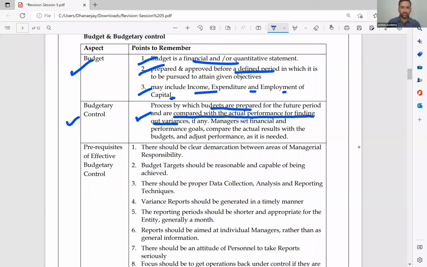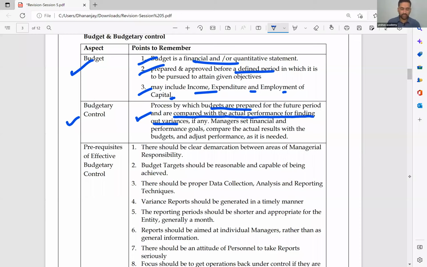Once in a month, once in a quarter, once in a year, review what was supposed to happen, what has actually happened, why there is a difference. This is called budgetary control. So budget is a part of the budgetary control system. Managers set financial and performance goals, compare the actual result with the budget, and adjust the performance as and when needed.